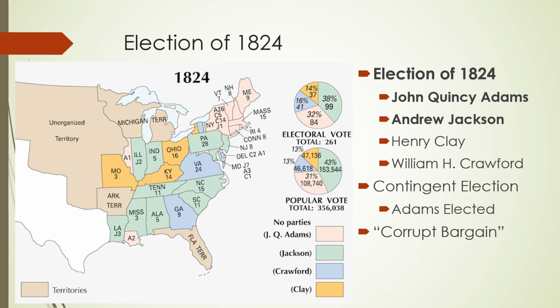Jackson got more electoral votes than anybody else, but he only got 38%. The Constitution doesn't say whoever gets the most electoral votes; they have to get a majority of electoral votes. 38% is not a majority.